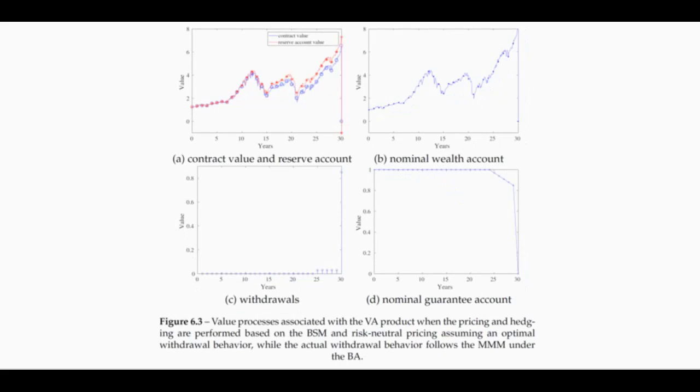Here is the value function of the policyholder's value, computed under the Black-Scholes model, because this is all seen by the insurance company. So the insurance company actually maintains a higher reserve account balance than the current policy value, and still made a loss.